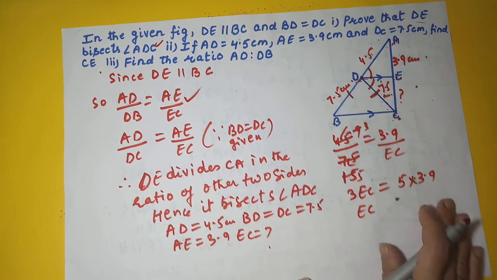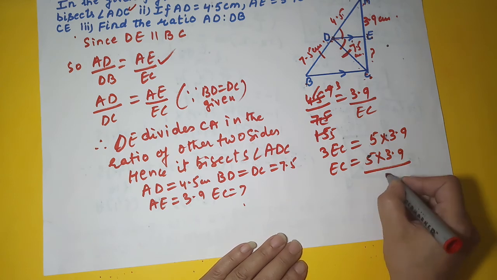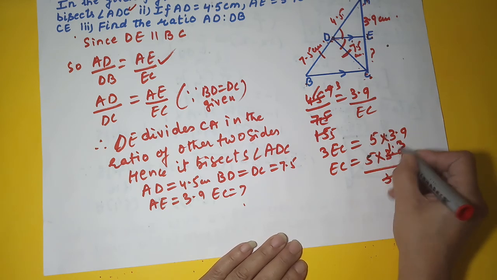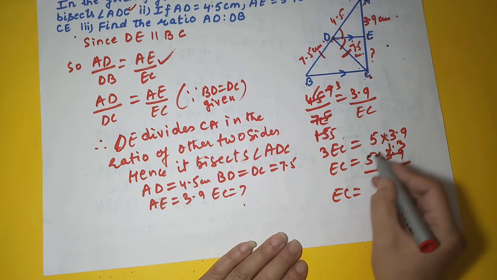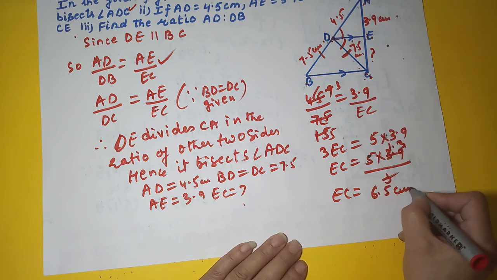So your EC is equal to 5 into 3.9 upon 3. 3 ones are 3, so your EC is equal to 5 threes are 15, 5 ones are 5 and 1, 6.5 centimeters.